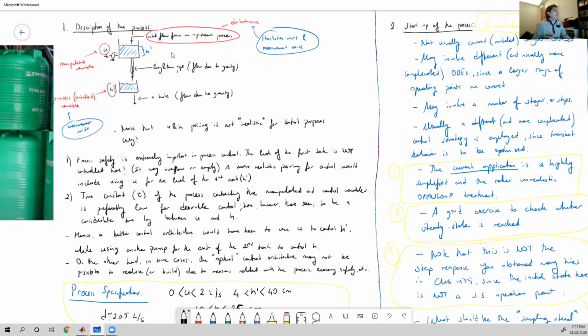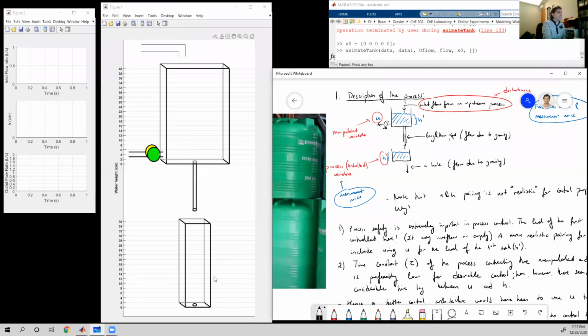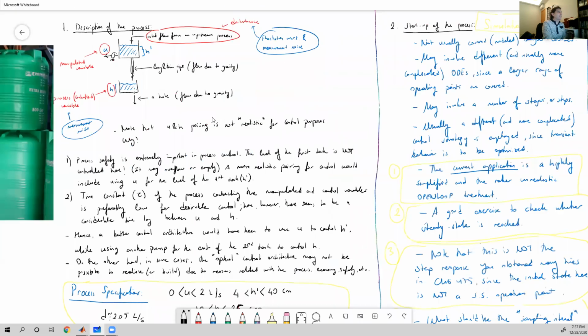So basically, we can put the whole thing into two dimensions in this perspective. The first tank here, the second tank here, and our process or control variable will be the height of the second tank. So we are interested in the water height in the second tank. This is an important point.